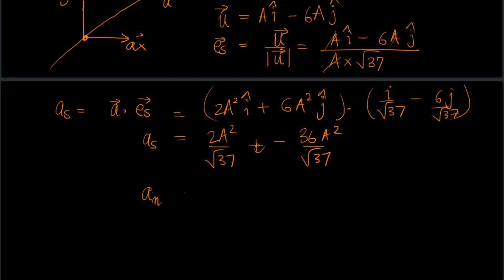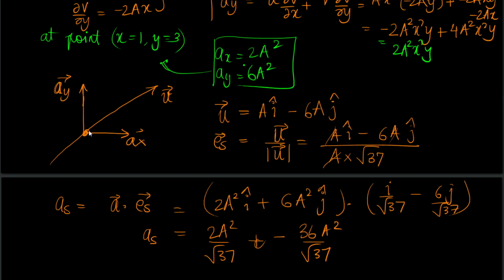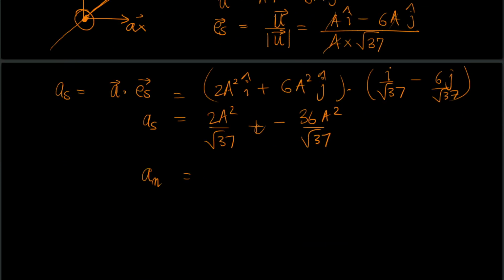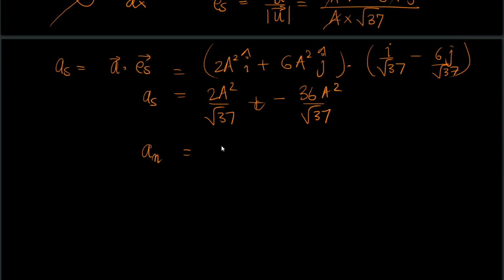How do you find the normal component of the acceleration? If I know the tangential component, the normal component can also be found from the Cartesian component itself by taking a cross product of the tangential direction with the k vector, the vector coming out of the paper.